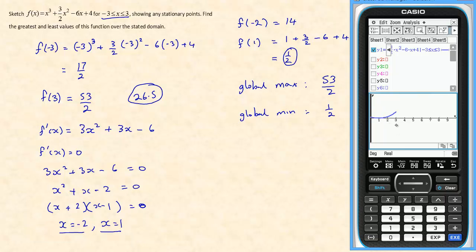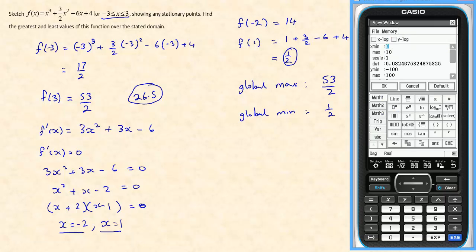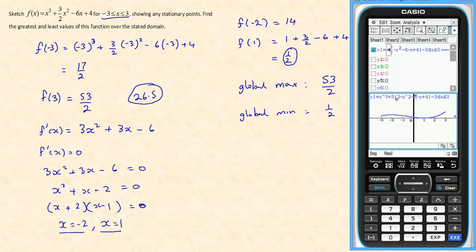So we've just got this bit here. We need to actually take the x's. Let's take them from -4 to 4. And OK that. So here we go. And so what we can do is look for the maximum value within the domain.